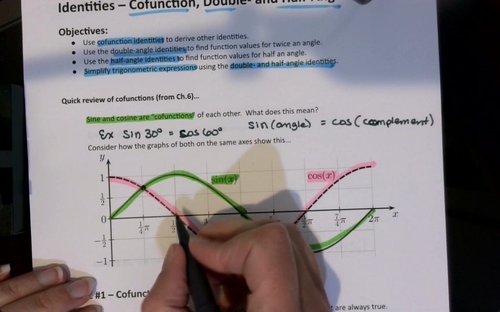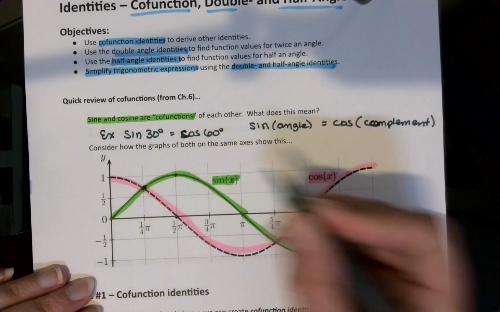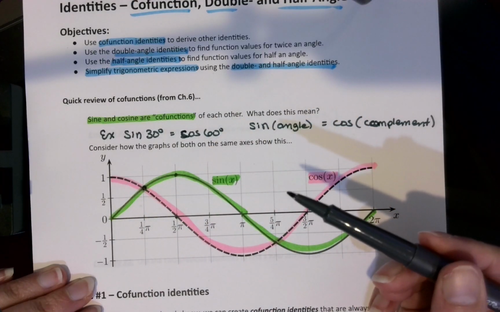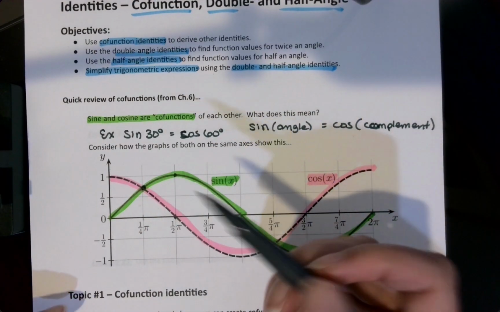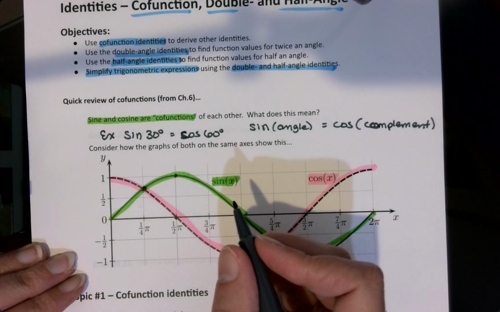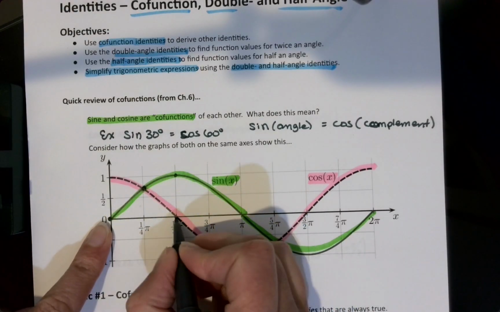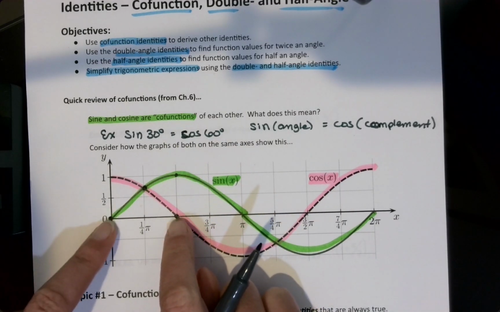Also, 0 and 90 itself are going to be complements. So here we go. The sine of 0 has to match up with the cosine of 90, and they're both the same value.